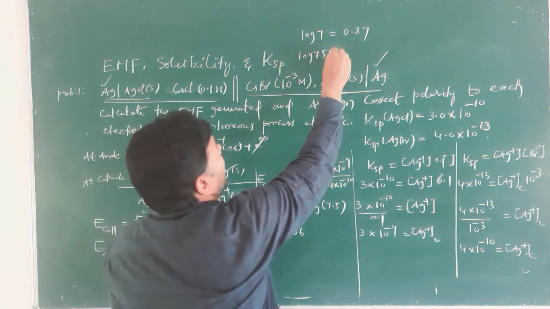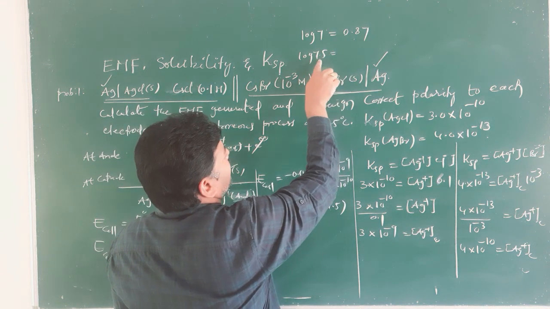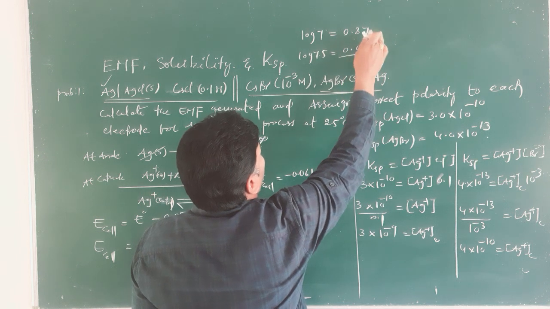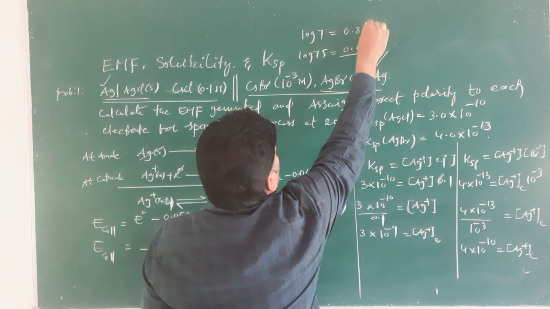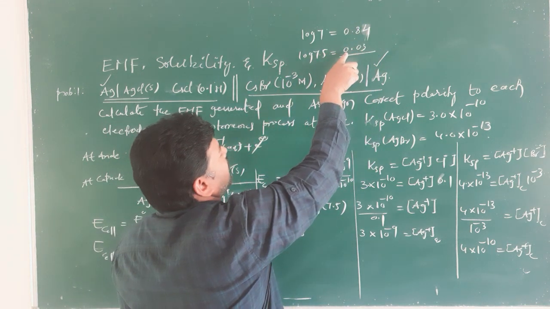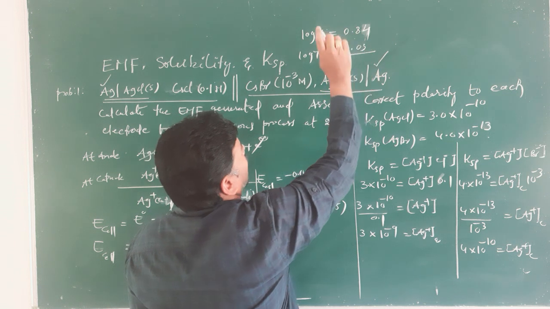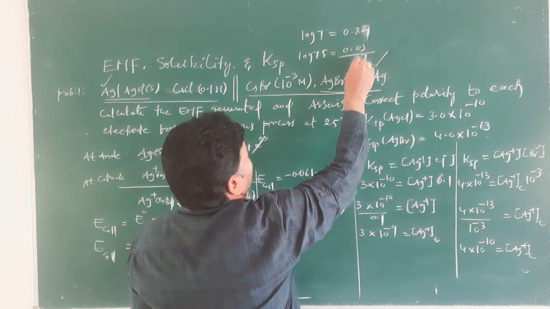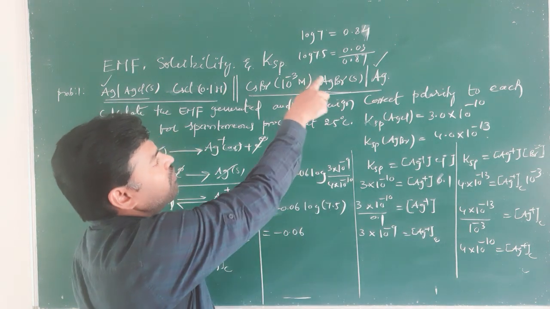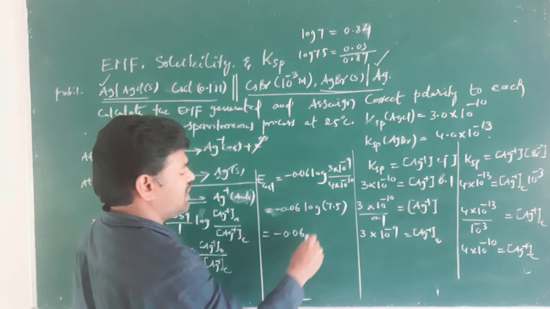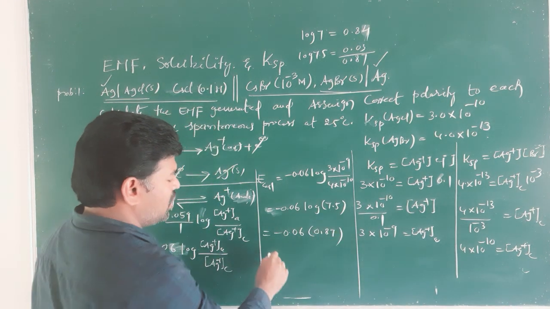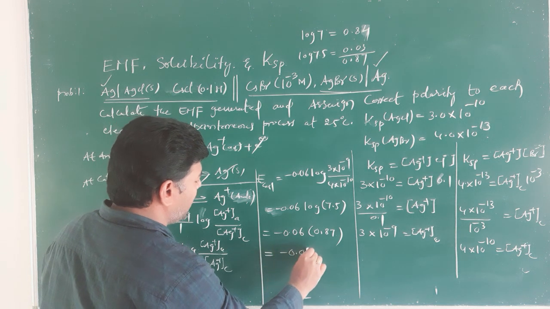So, to get the log 7.5 value, just add 0.03 to log 7 value, that is 0.87. Okay, so log 7.5 is 0.87. You just multiply by 0.87, which comes out to be minus 0.05.